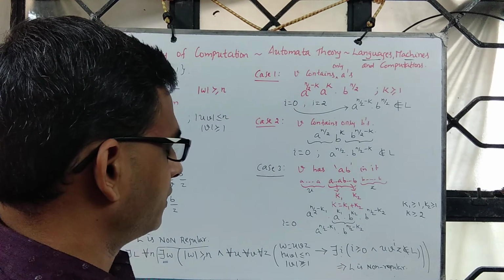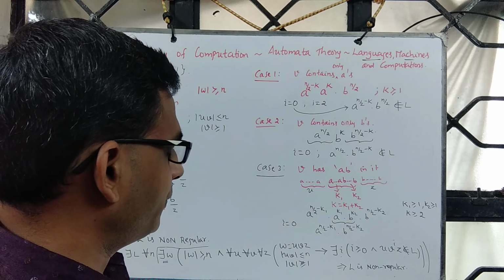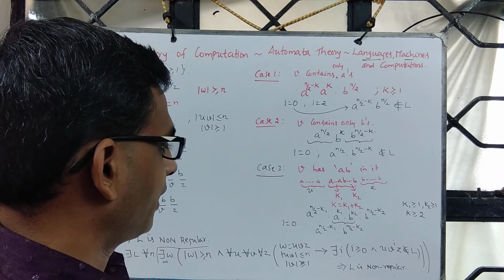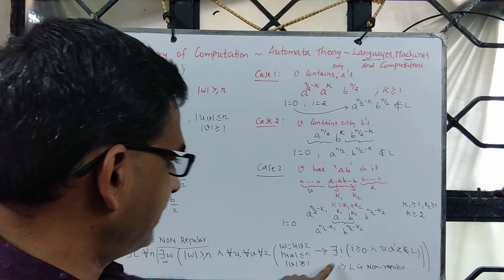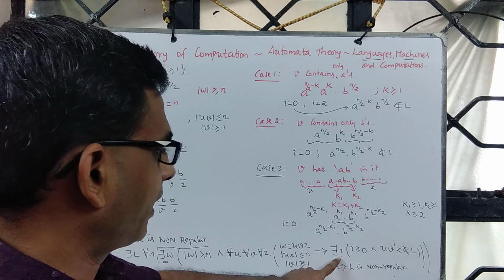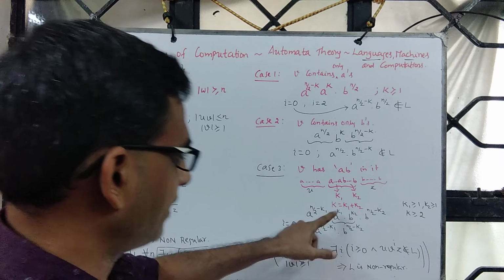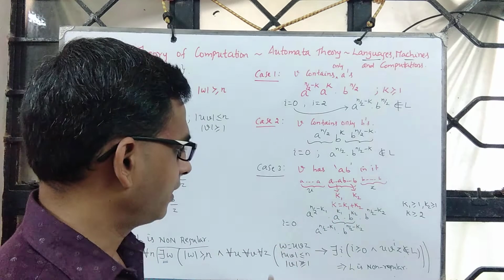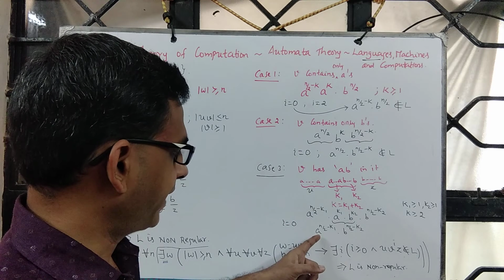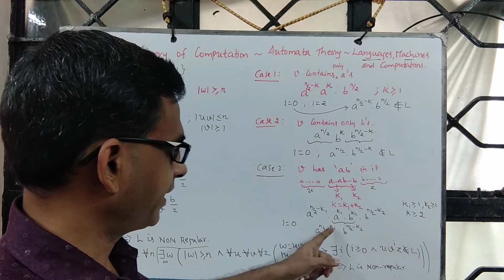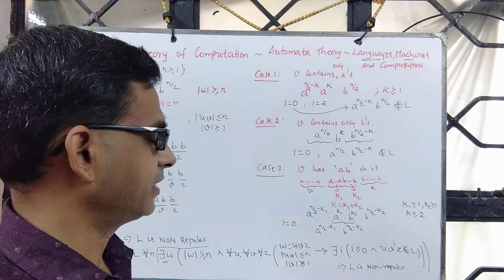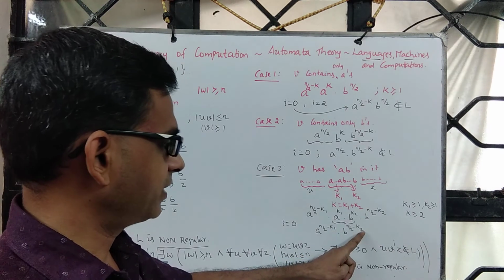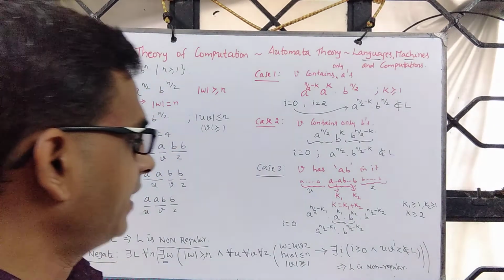Now you have to notice this carefully. It says there exists i, and we take out this part completely, and this is our v. What we are left with is a power n by 2 minus k1 times b power n by 2 minus k2, and we know this one is at least 1 and this one is at least 1. Fine.